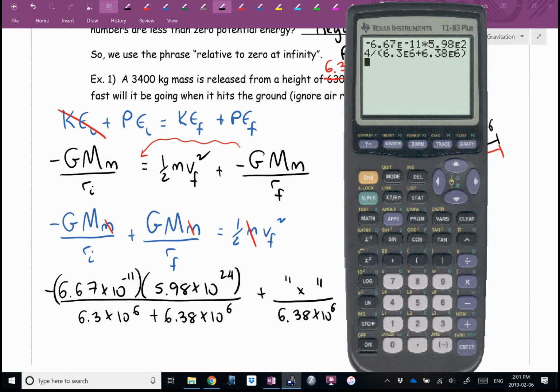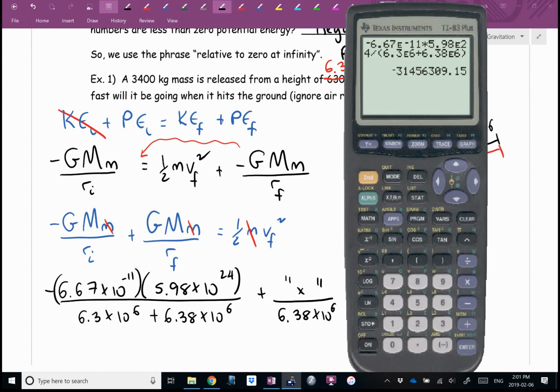And hit equals. Don't type in the second term. Hit equals. Little rule of thumb, by the way, when you're talking potential energies for satellites and things, they're often in the 10 to the 9th or 10 to the 10th range.